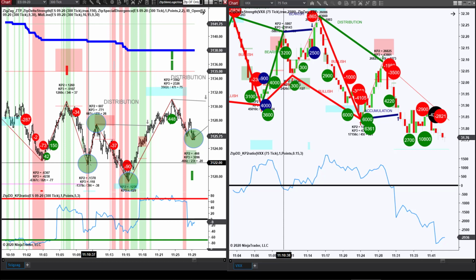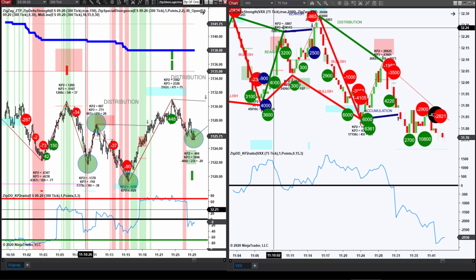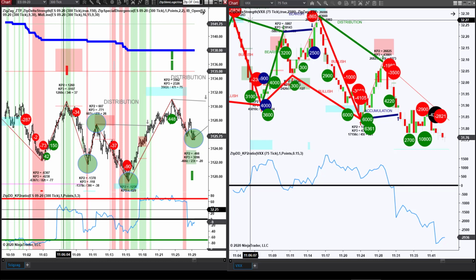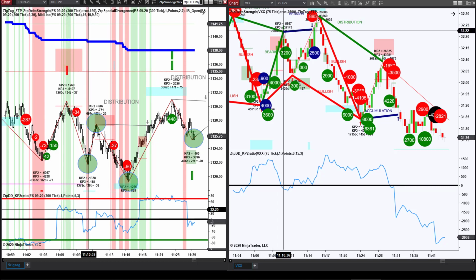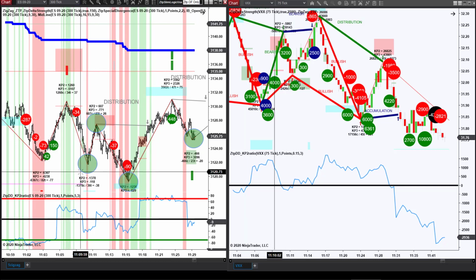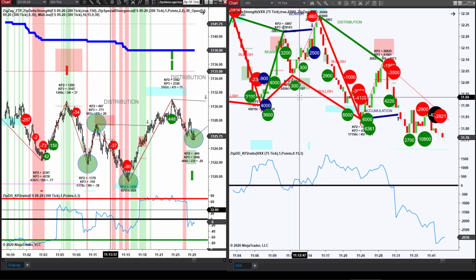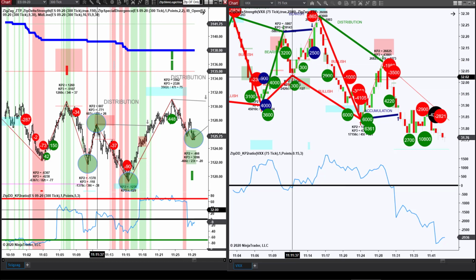Again, I'm changing the colors on the VXX chart because normally right here, this would be displaying red for the ES, but I'm changing the color to green to signify that it's a buy on the ES. As we get down to this basic reversal pattern right here, we have again distribution divergence, and we have our sell signal on the ES chart.